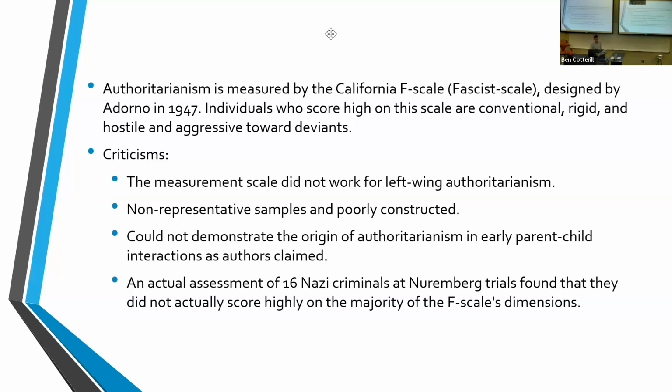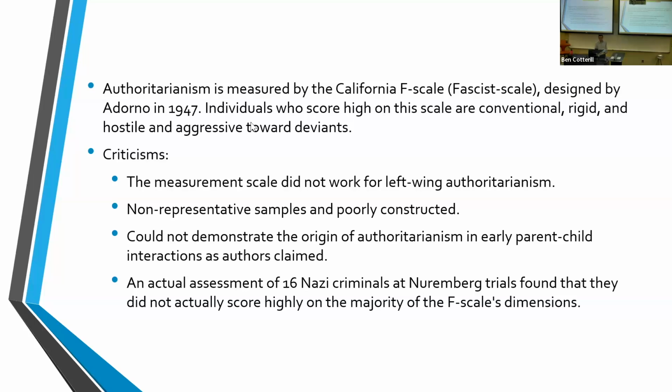They came up with a right-wing fascism scale and a left-wing one. Initially, it was very popular with other researchers, but then the criticisms really began to collect.